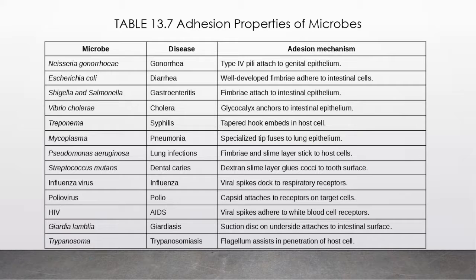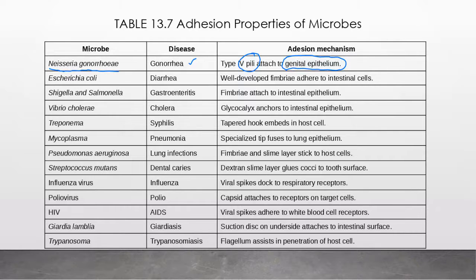Okay, so these are examples of microbes and their attachment structure and where that structure attaches, so the target cell for that attachment. For example, Neisseria gonorrhoeae is a bacteria that can cause a disease called gonorrhea. They have pili for attachment, usually on the genital epithelial cell, so in the genital area, urogenital tract.